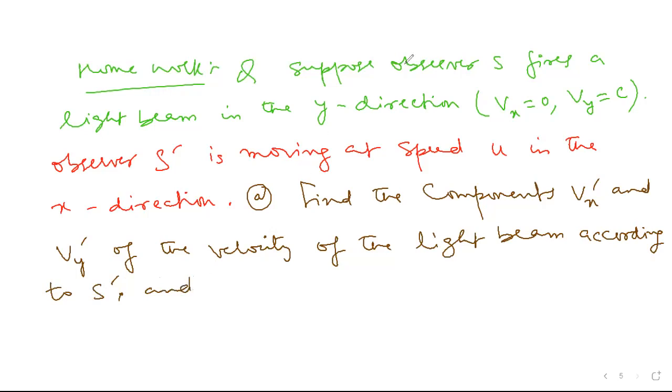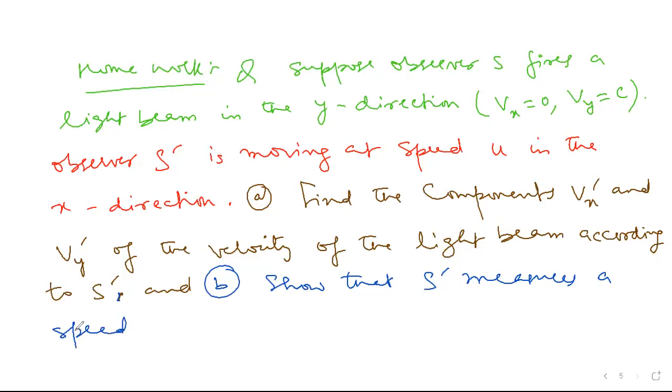And part B: Show that S prime measures a speed of c for the light beam.